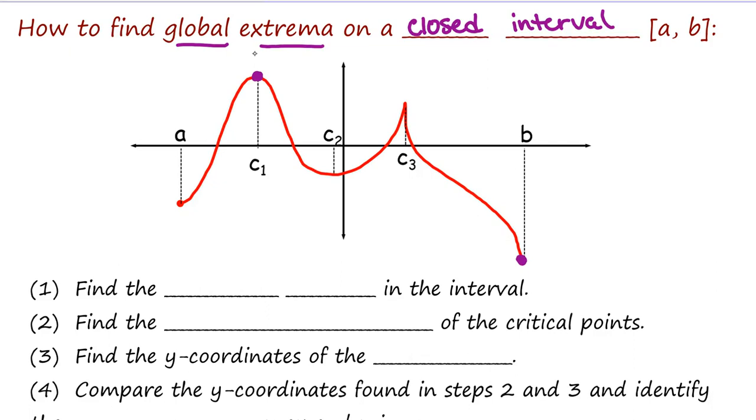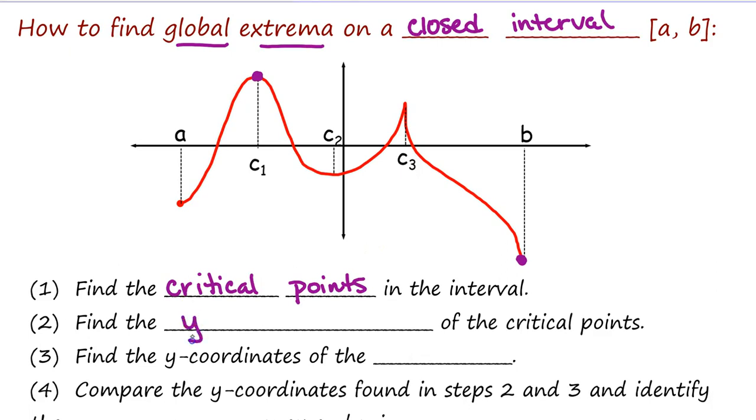The way we find the local extrema is we start by finding the critical points, and then we find their y coordinates. So the process is, number 1, find the critical points, because those will lead you potentially to the maxes and mins, the local ones.